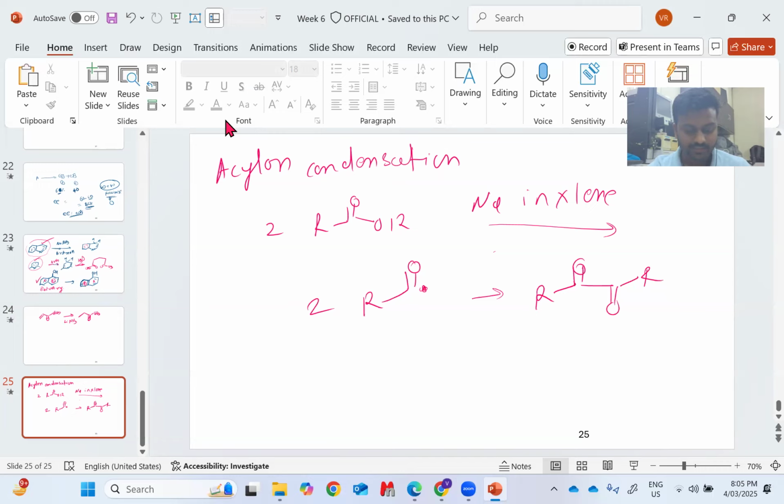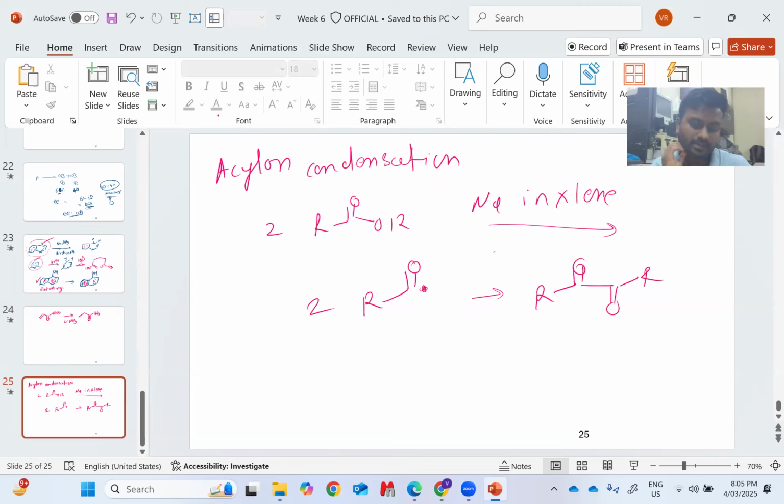There are some other examples like the Dakin condensation, which probably is not of much utility. So you can just search for the Dakin condensation and what the conditions of the Dakin are.